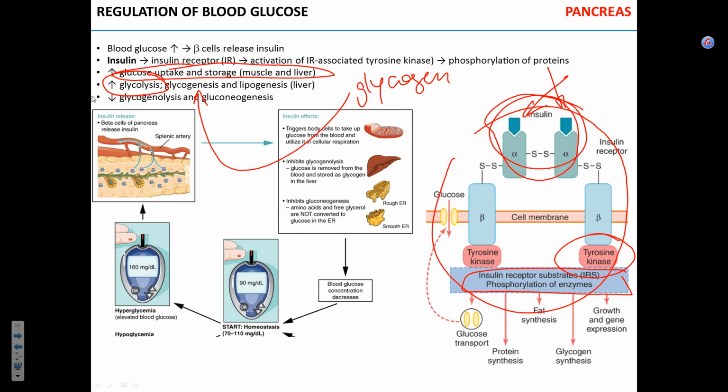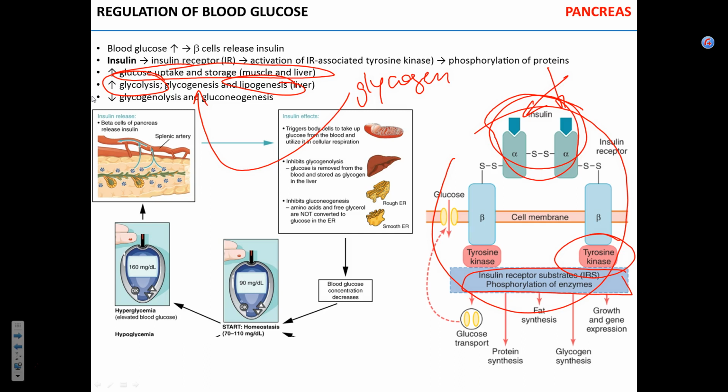And if you still have, like, you filled your glycogen storage capacity to the top, how do you store even more energy? What do you convert all the excessive glucose into? Fat. So, lipogenesis. Does that make sense?